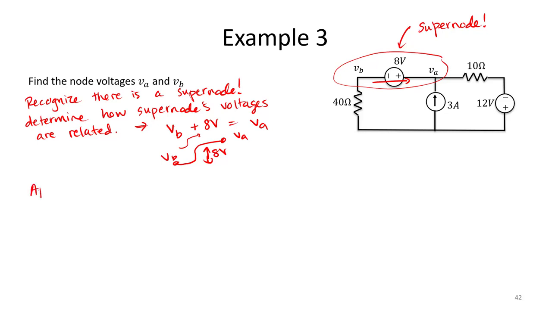I can also apply Kirchhoff's current law to the supernode. So let's just go ahead and assume some currents. So here I'll just let that be my current I1, and I will also assume another current. Let's just call it I2.